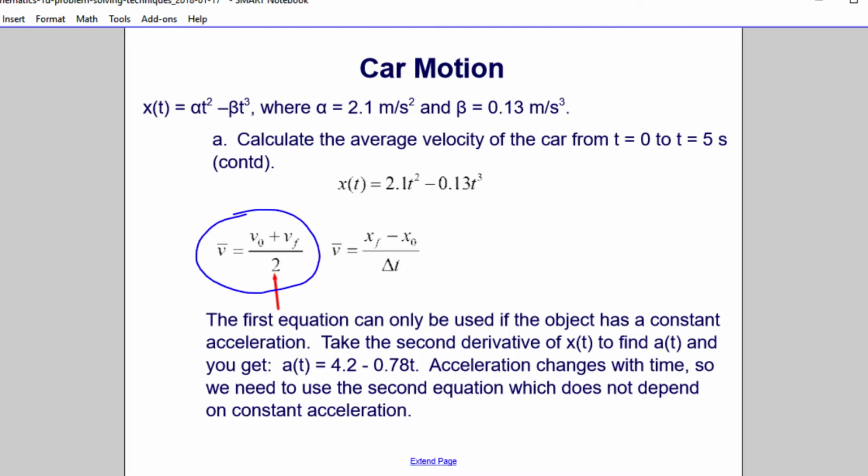So how can we find out if the acceleration is constant? Well, we can take the second derivative of the position function. What you will get is the acceleration is 4.2 minus 0.78 t. Notice it is a function of time. That means the acceleration will change with time, so it will not be constant. So we cannot use this equation. We have to use this one.